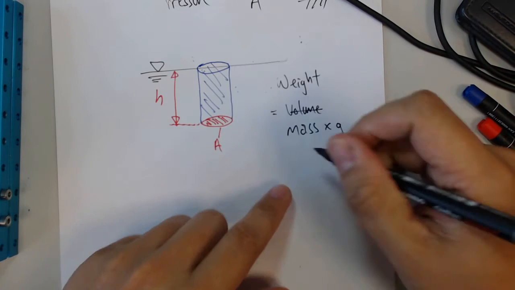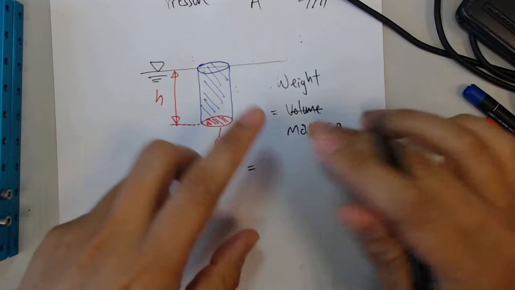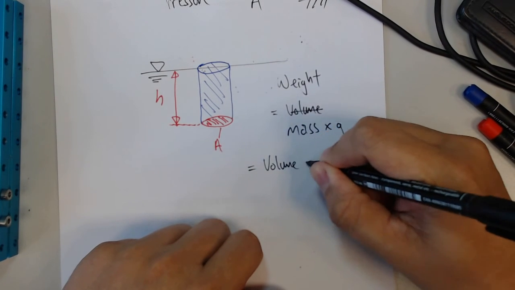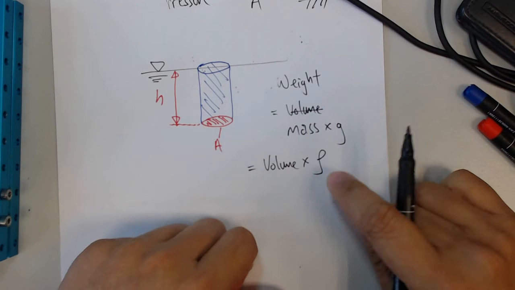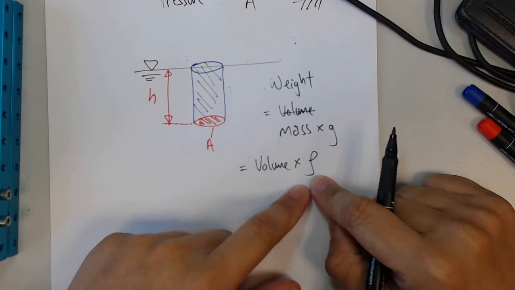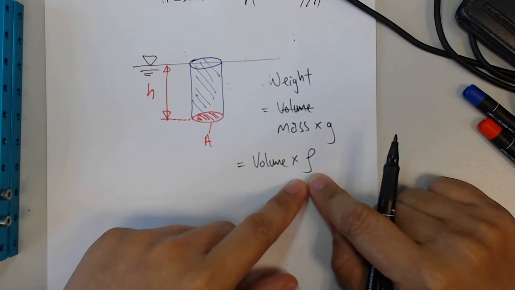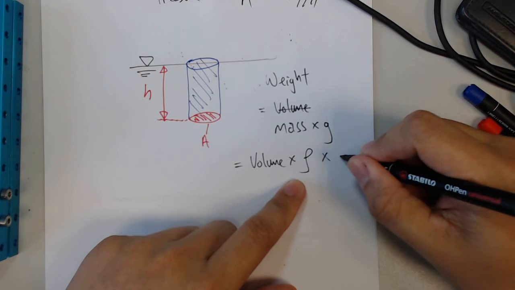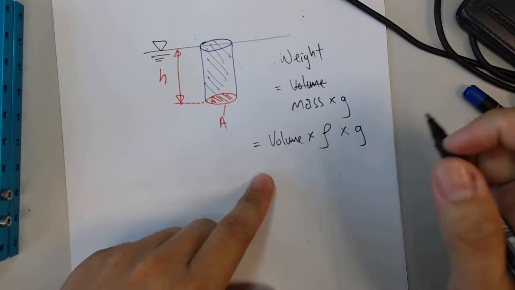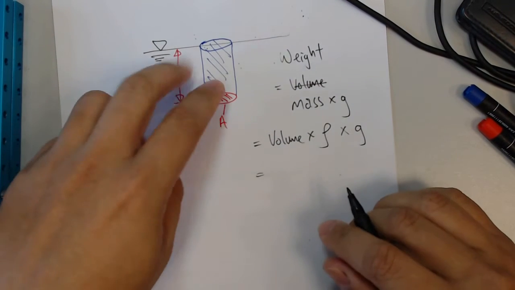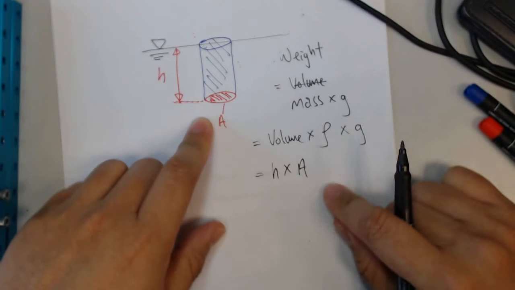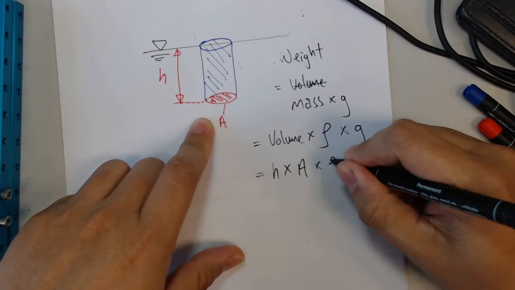Weight equals mg, and this mass can be further expanded into volume times density. This is the Greek symbol rho, which is used to express density. So it's volume times density times gravitational acceleration, and you know that this volume is actually h multiplied by A. Am I right? So h A rho g.